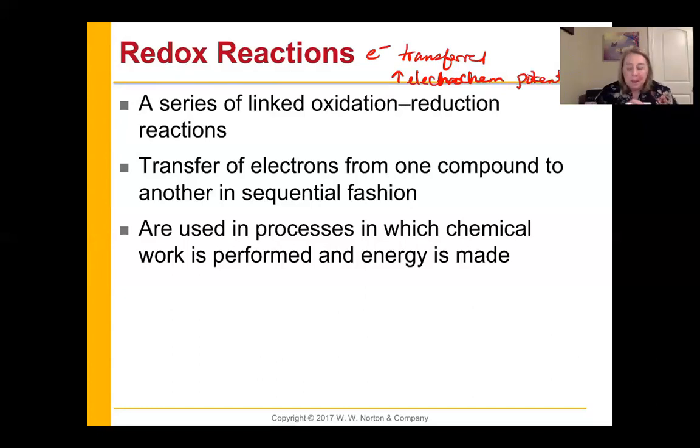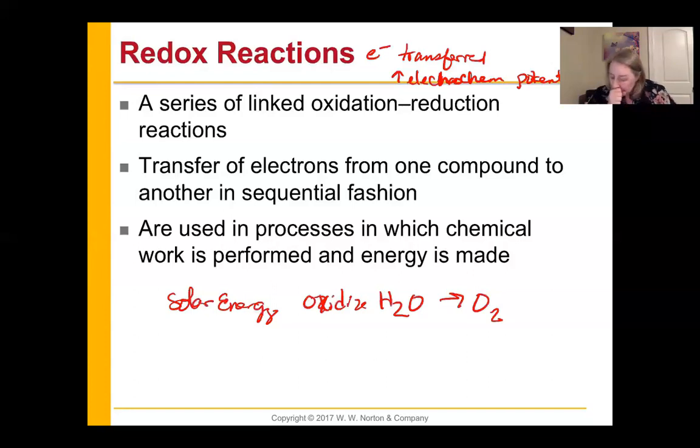right? And so you see this in photosynthetic organisms, right? Photosynthetic organisms are using solar energy, right? They use solar energy to oxidize H2O, right? And then they produce O2 from that.